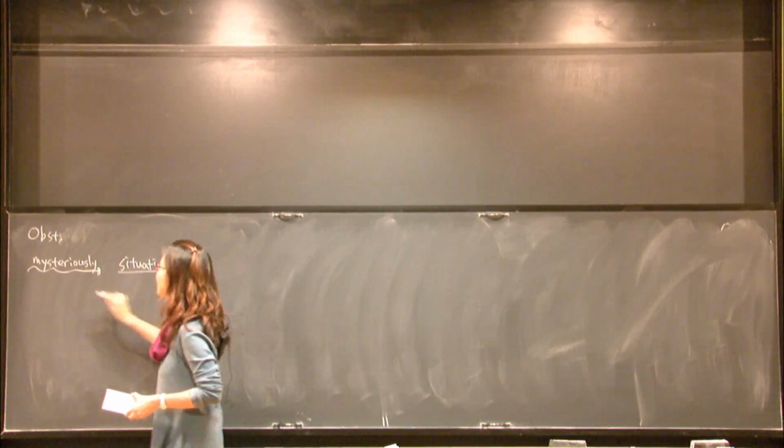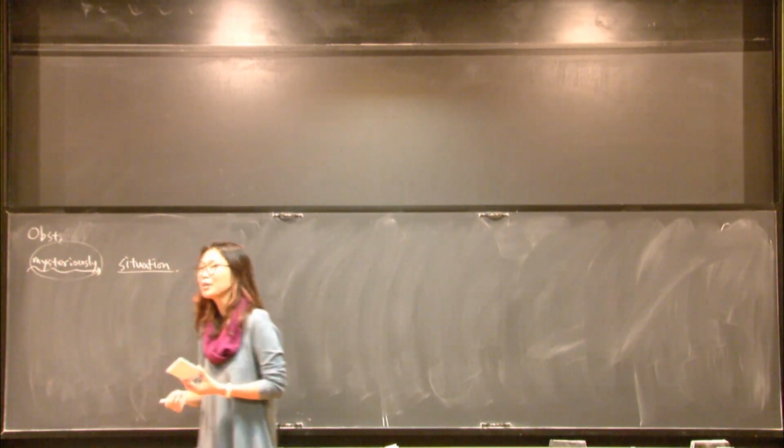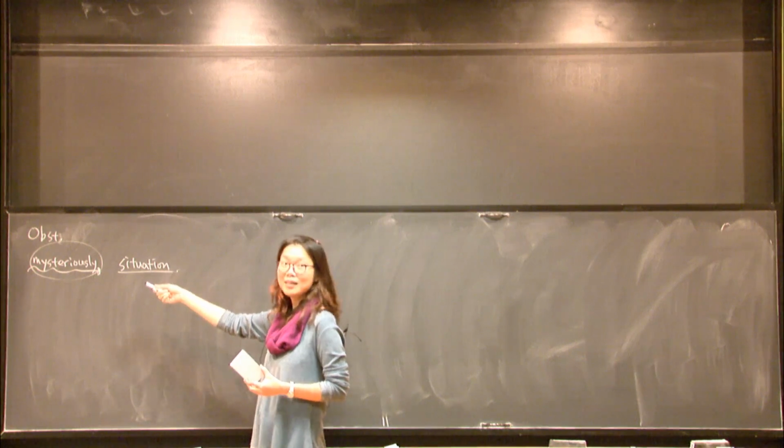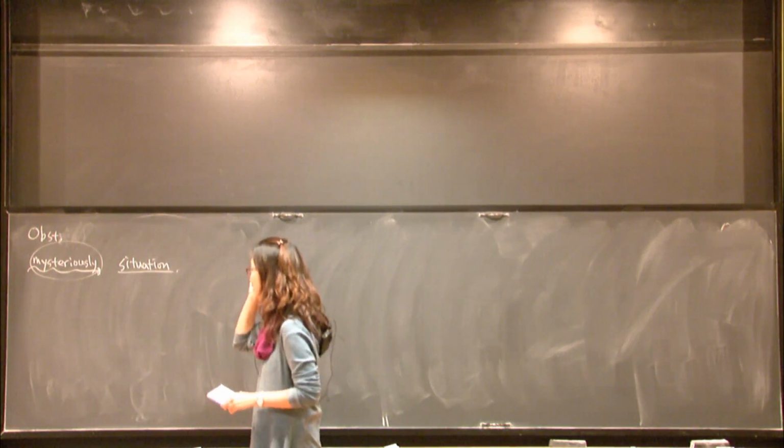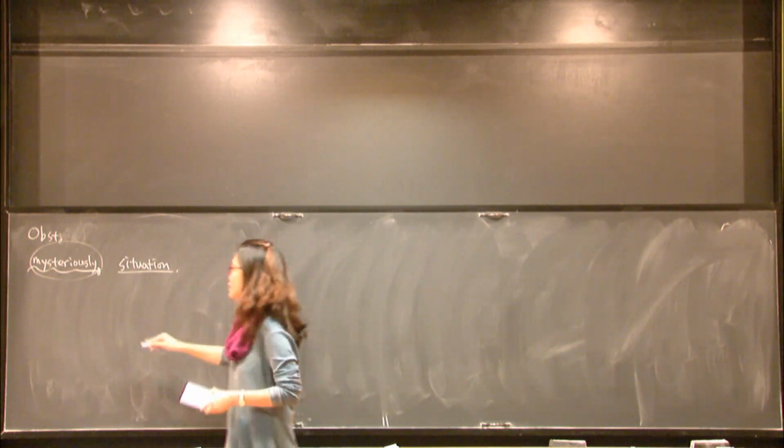So let me skip the connection. This is not so trivial. I mean, this connection is not so immediate, but let me skip it because of the time constraint. So our situation was like this.